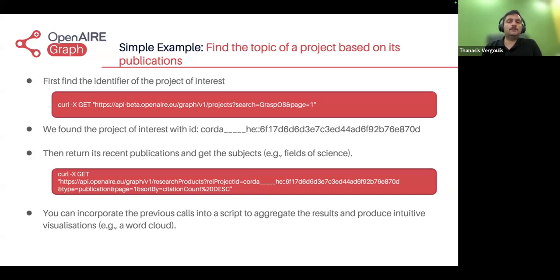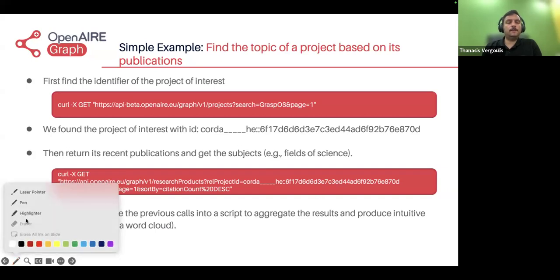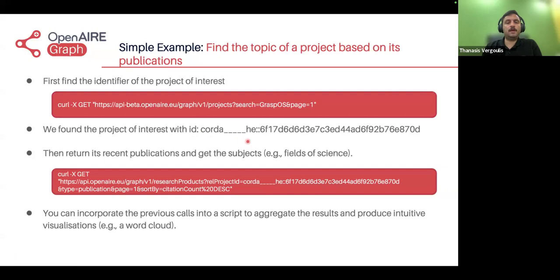In our case, I'm interested in finding publications related to the project GraspOS. And then after I get the identifier, I can use it with the research products endpoint, the parameter relevant project ID. I will get back the top 10 publications.